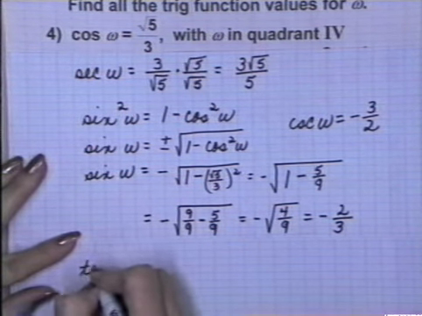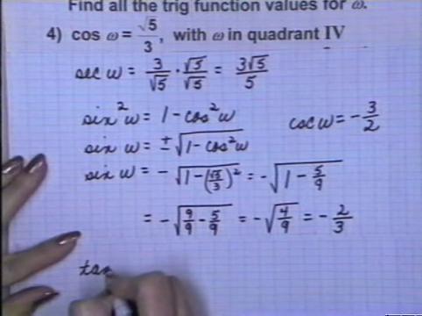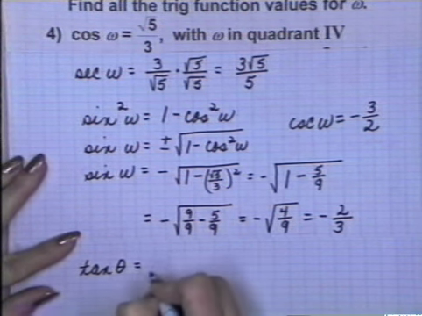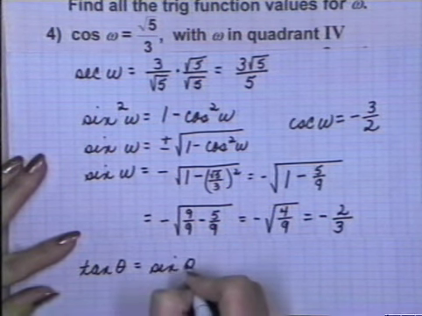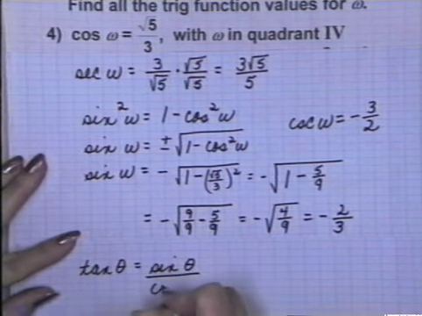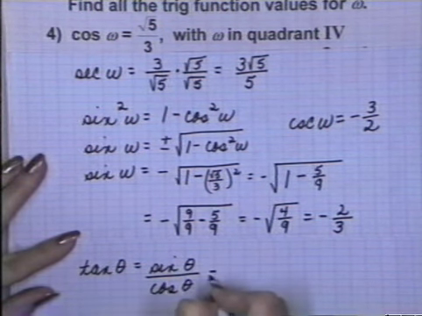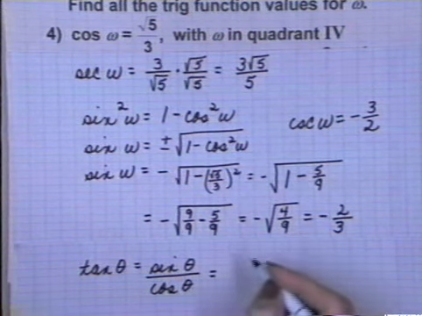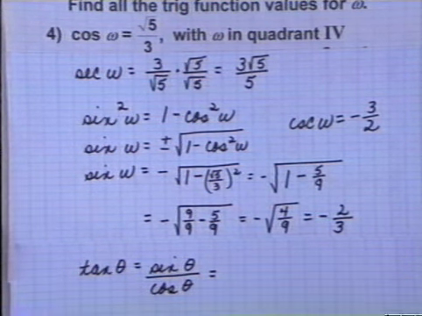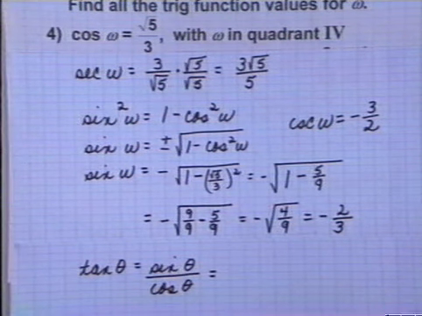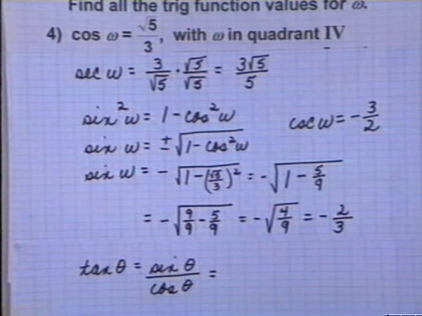I know that the tangent of theta equals the sine of theta divided by the cosine of theta. I know the sine, and that is true, but what's my angle this time? It's omega, isn't it? So let's rewrite that.